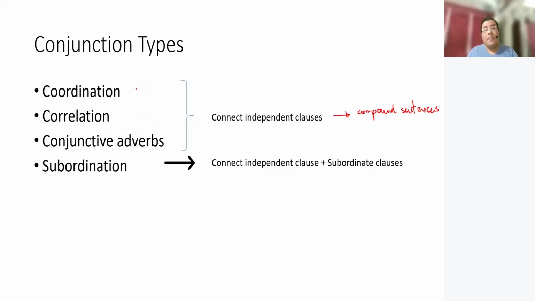The first type are the conjunctions for, and, nor, but, or, yet, and so.